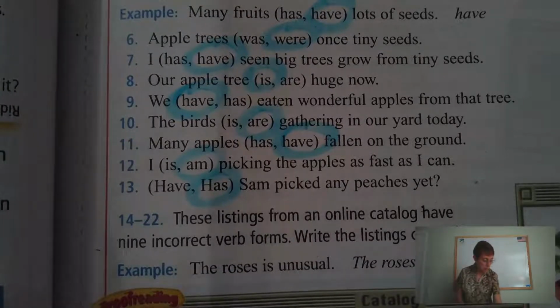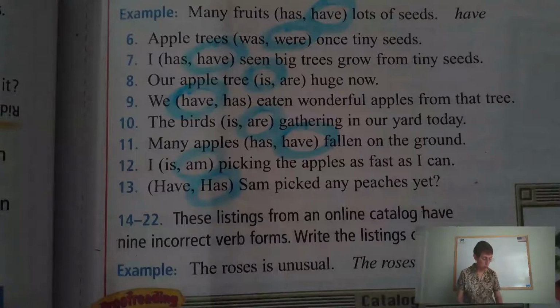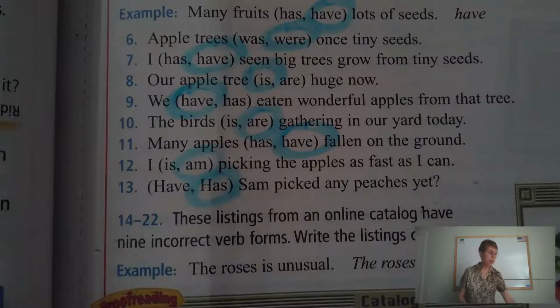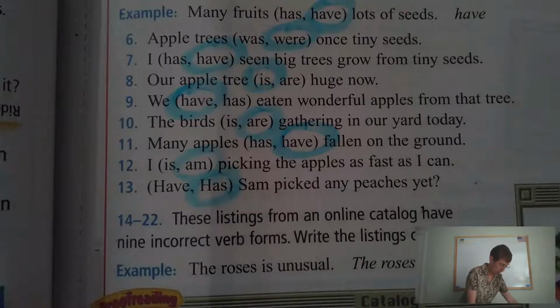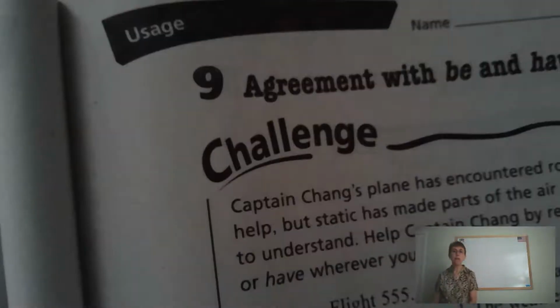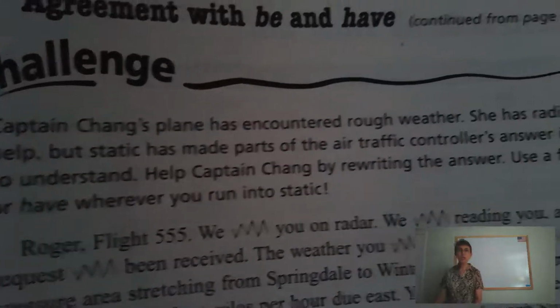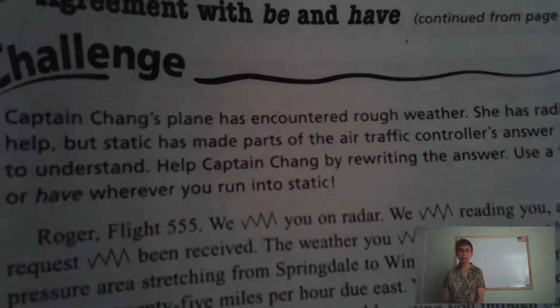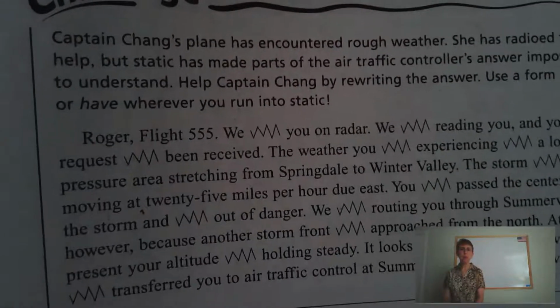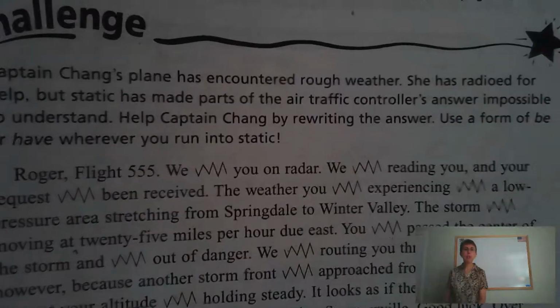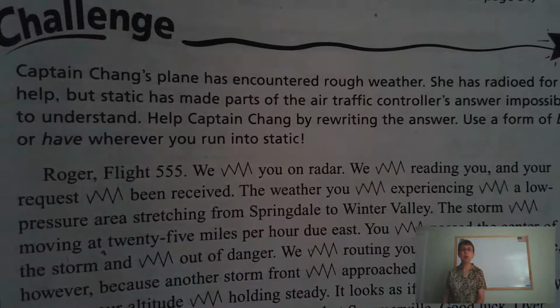All right. So what I would like you to work on your own is workbook page 55. Workbook page 55. Agreement with be and have. Let's take a look at what this says. Okay. Captain Chang's plane has encountered rough weather.